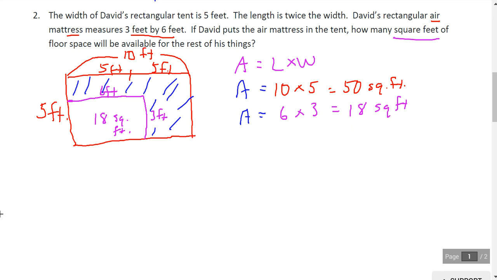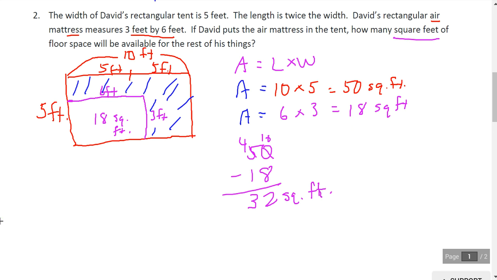So if I want to find all that other area, all I have to do is subtract the 18 from the 50. 18 from 50, that's 10, 4, 4 minus 1 is 3, so it's 32 square feet. There you go.